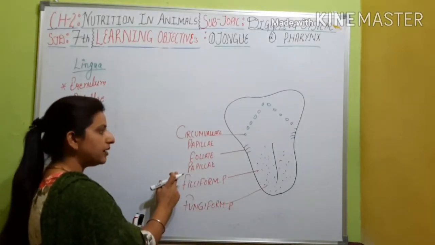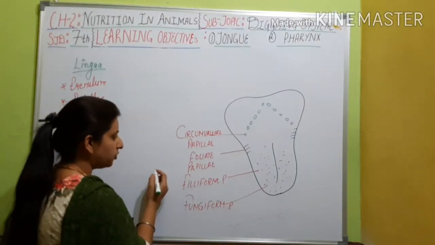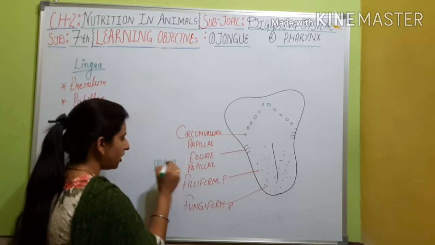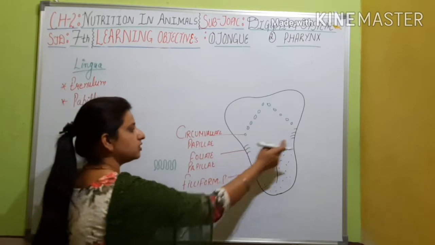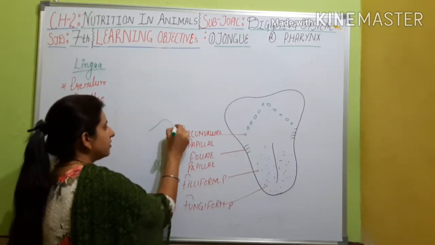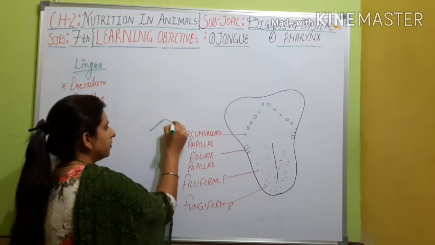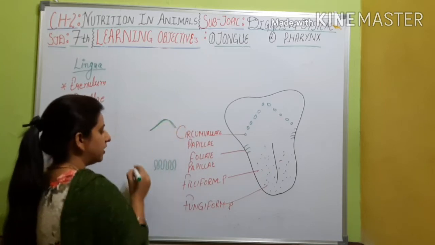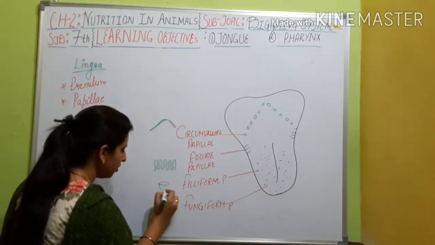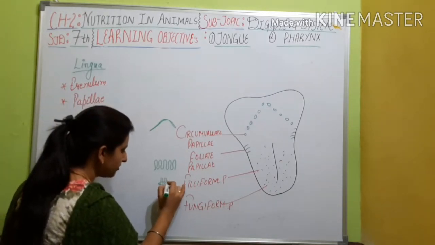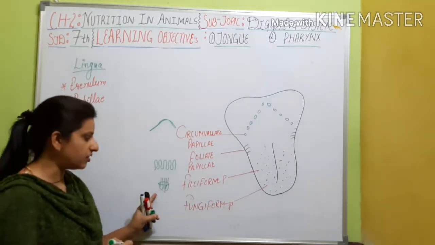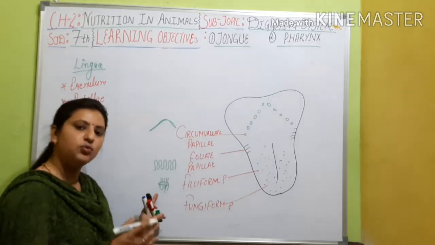Foliate papillae have folds in them, so that's why they are called foliate, and they are on both sides of the tongue. The filiform papillae have thread-like structures, and they are the smallest and numerous in number.